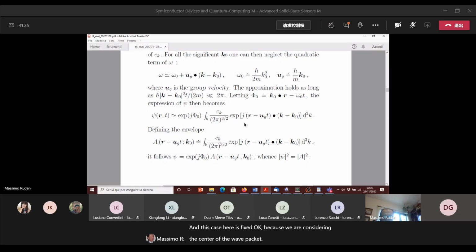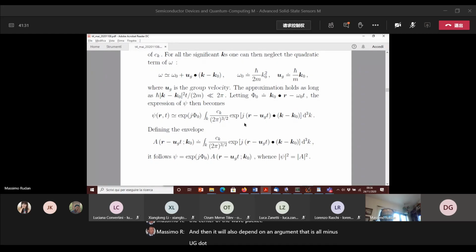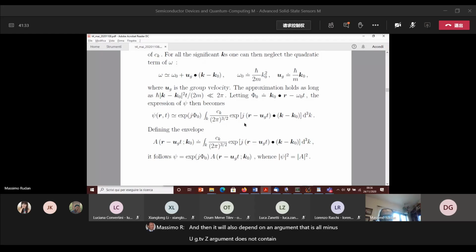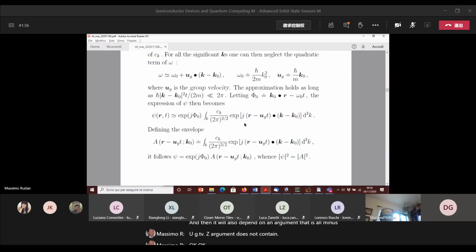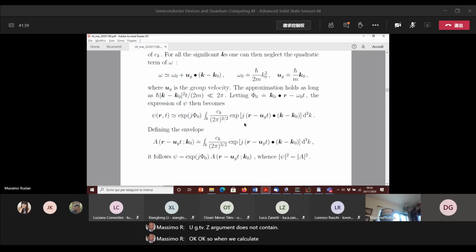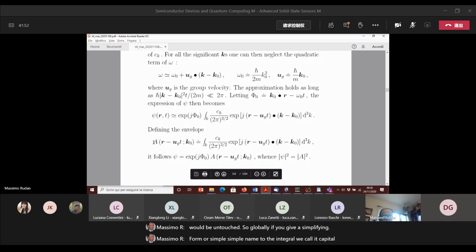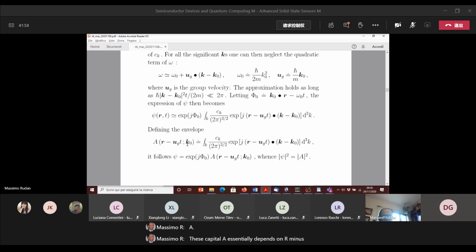And then it will also depend on an argument that is r minus ug t. This argument does not contain k, so when we calculate the integral, this argument will be untouched. So globally, if we give a simple name to the integral, we call it capital A. This capital A essentially depends on r minus ug t and on k0. And we call this the envelope function, okay?